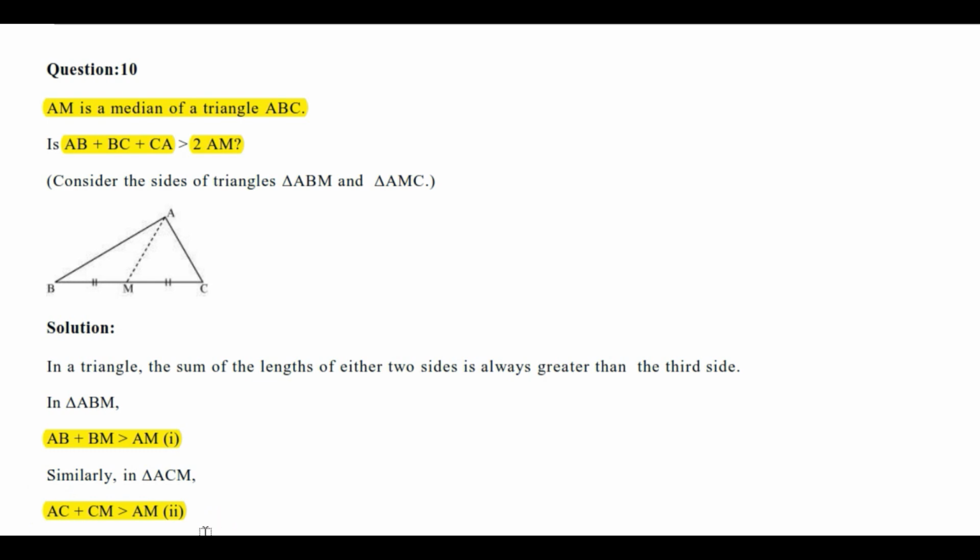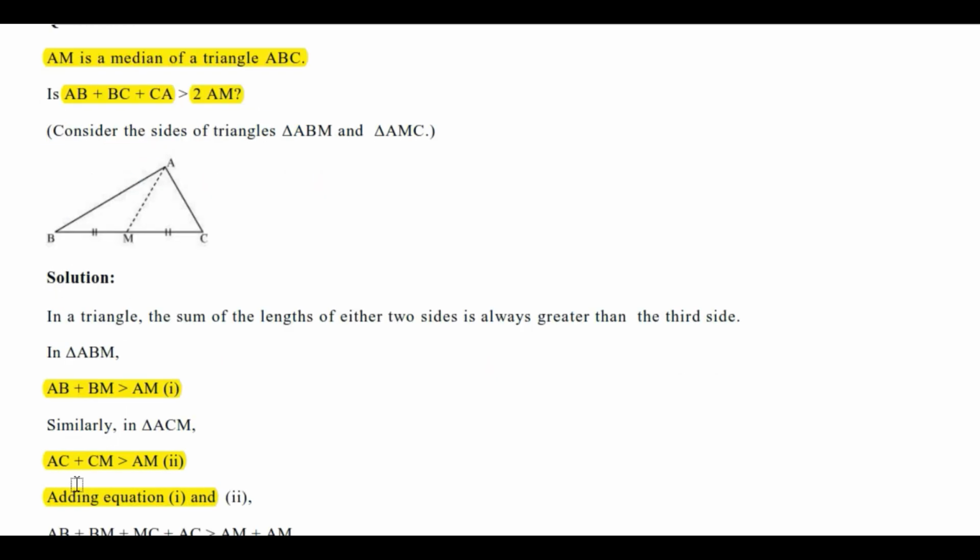Now you may have a question, sir, we can add numbers, but how can we add AB plus AC? Better, just show that we are adding it. First is AB, second is AC. Now from where will we get BC? After adding it, we will get AB plus BM plus MC plus AC is greater than AM plus AM.